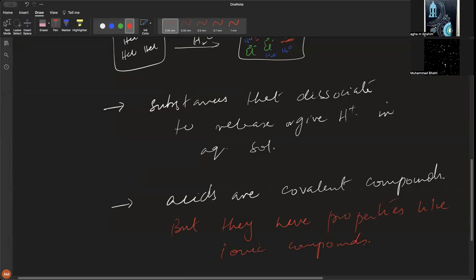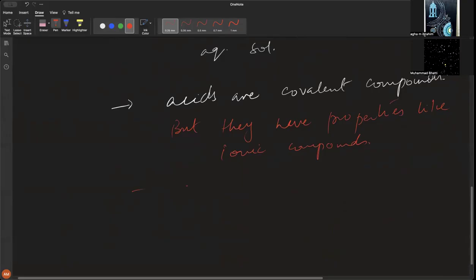You understand? Something becomes an acid only when it is in aqueous form. So acids are always aqueous. You get it?